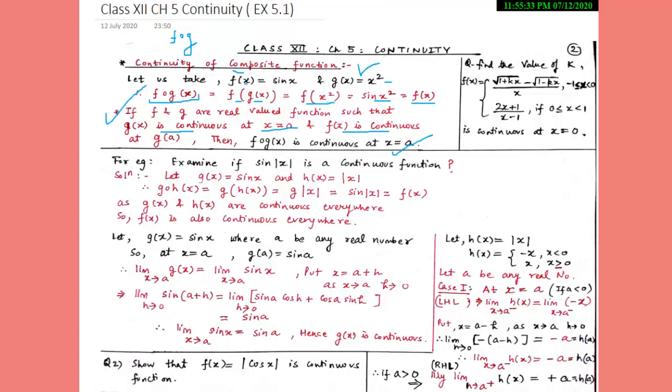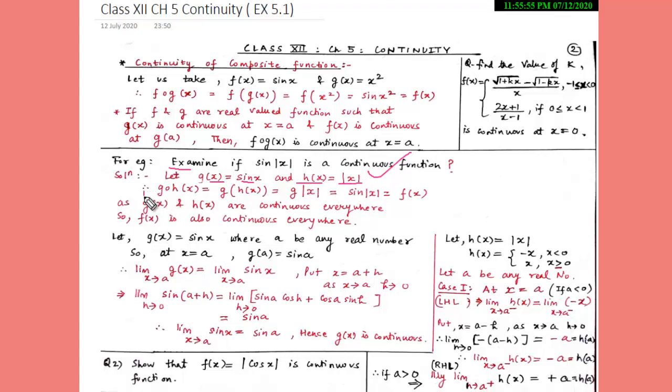So to understand this topic, let us consider an example in which we have sin mod x is a continuous function. Since from sin mod x we will take out two real functions, let g(x) equal sin x and h(x) equal mod of x, and now we will find the composition of the function.